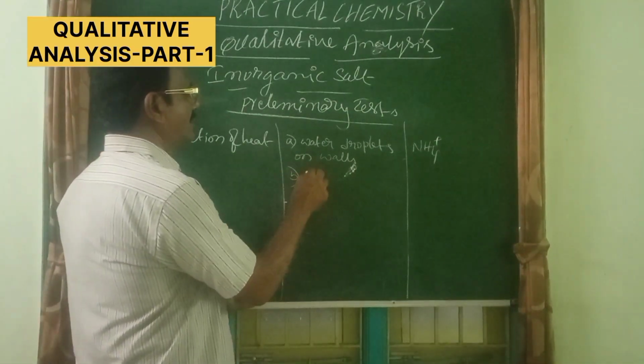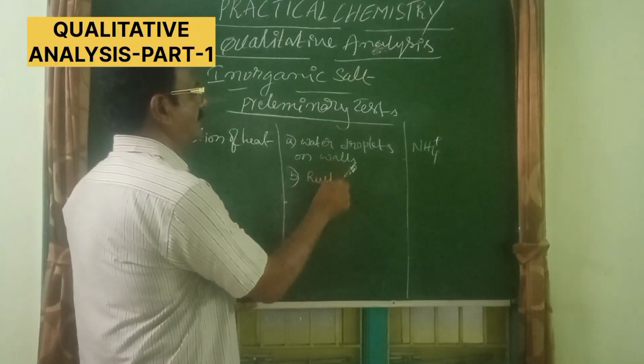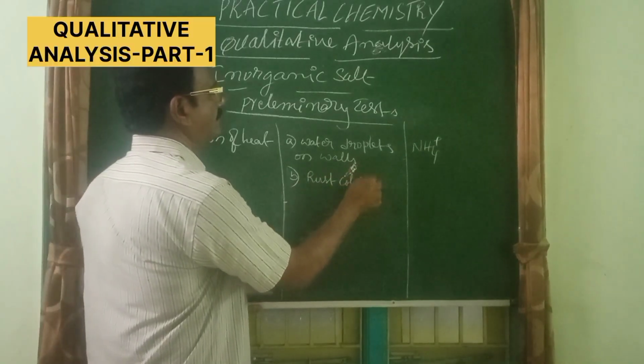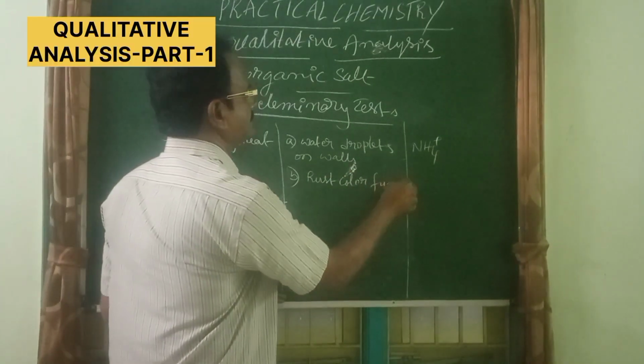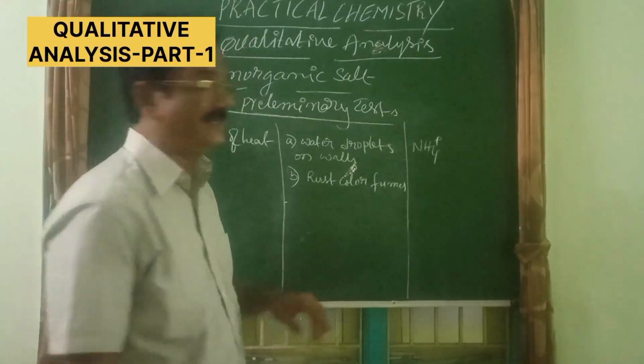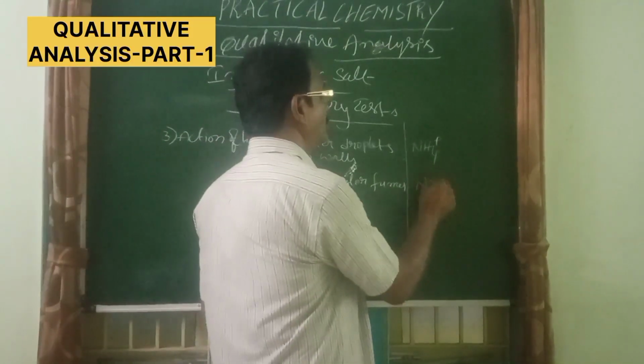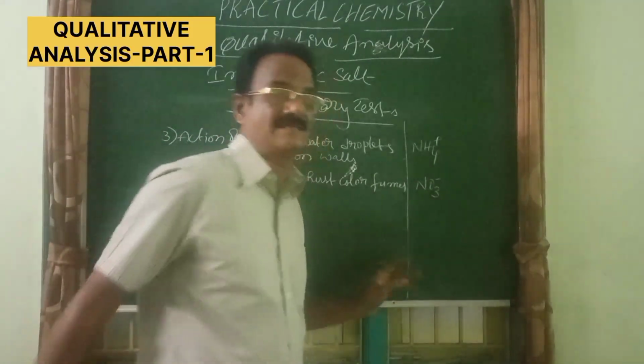If there are rust color fumes, there may be nitrate, NO3-, anion in the salt.